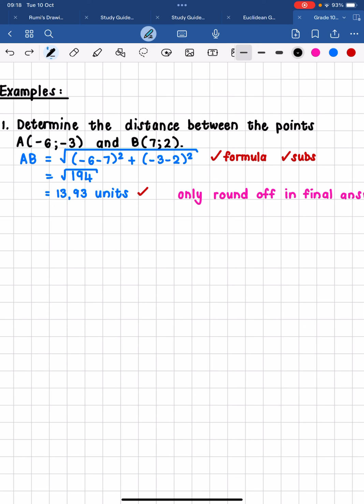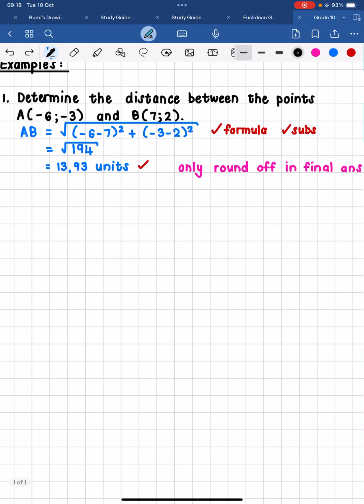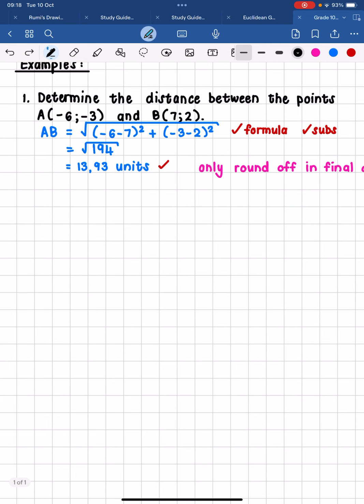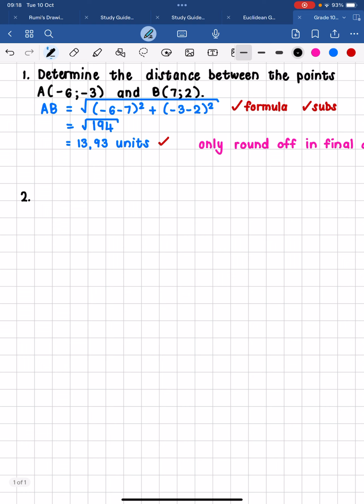Okay. All right, example 2, unfortunately we're going to have to draw a little Cartesian plane here, but I promise I'm not going to make you guys do too many of these.